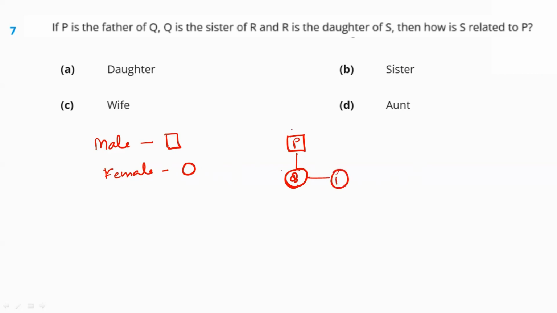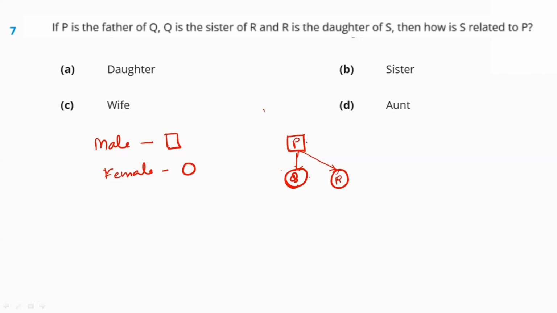So when we write sisters and brothers, we will draw a line from the parents like this, so it will be like this. Okay, so supposedly from here. Right? So R, now R is the daughter of S.